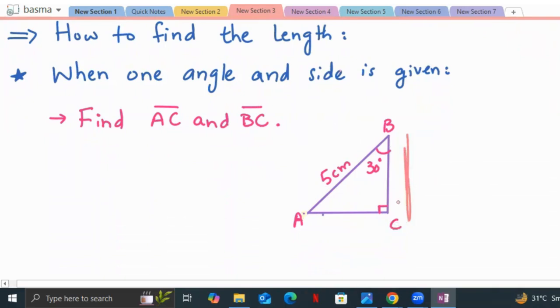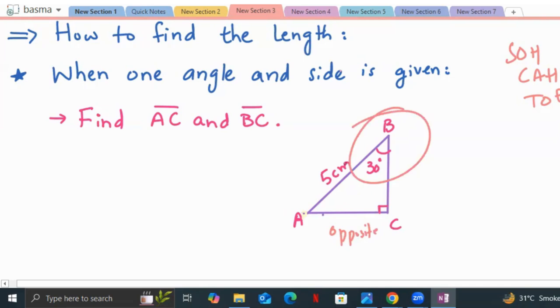So what is the rule? When one angle and one side will be given, you can always apply SOH CAH TOA as we learned above. So let me tell you here, we have to find AC. AC is the side called opposite, because the side opposite to the given angle is going to be the opposite side.